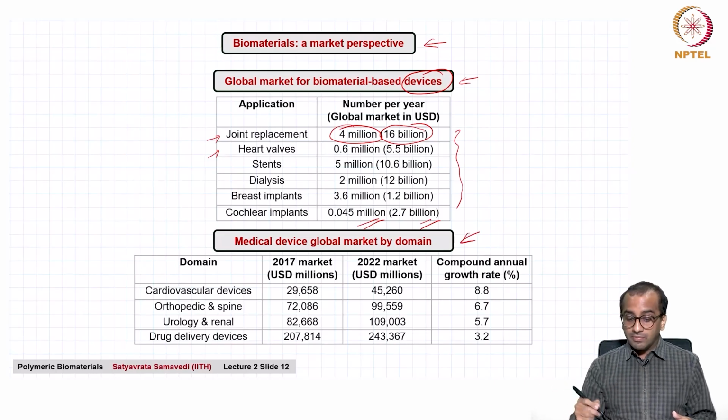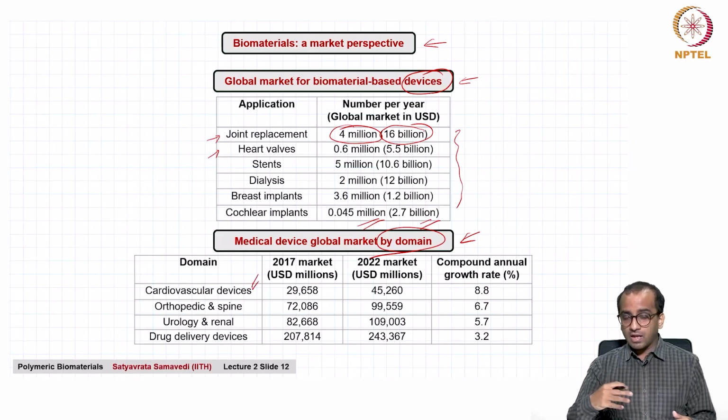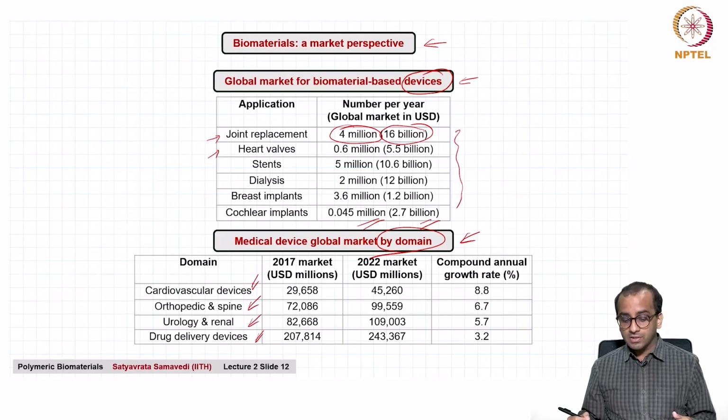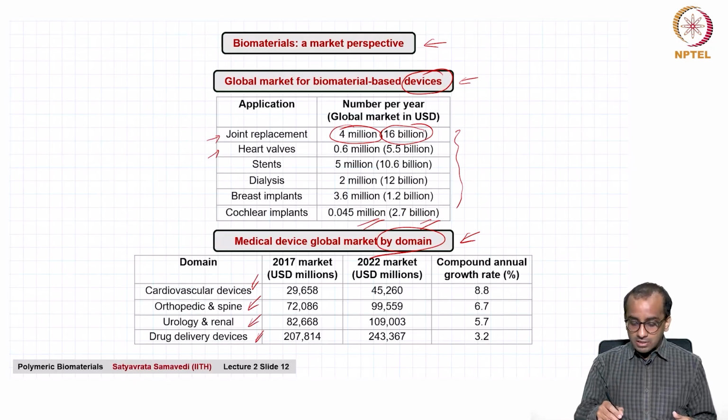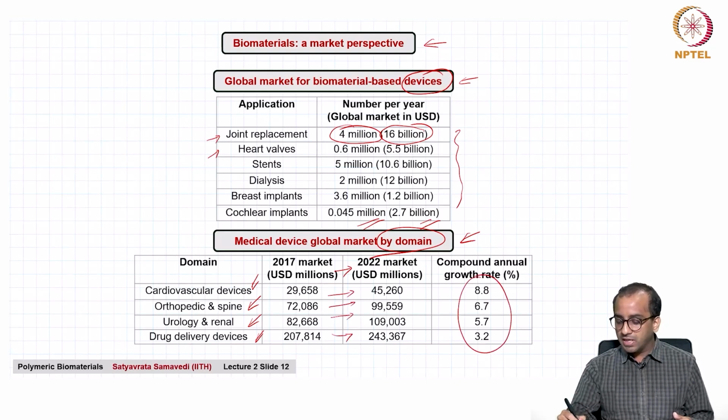Another way to look at them is by domain, where we are looking at specific types of application domains like cardiovascular devices, orthopedics, urology and drug delivery devices, and you see just within 5 years what these numbers have grown to, as indicated by the CAGR.